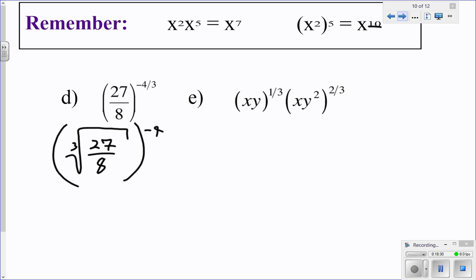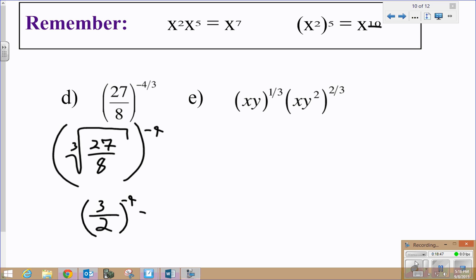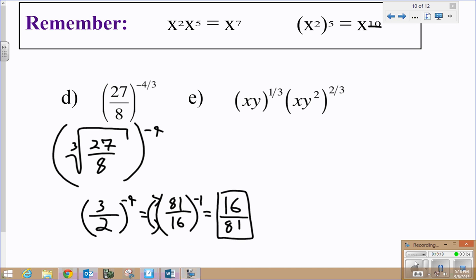So the cube root of 27 is going to be 3, and the cube root of 8 is 2. This is all to the -4th power. So taking the 4th power of all these, I get 3 times 3 is 9, 9 times 9 is 81, 2 times 2 is 4, 4 times 4 is 16. This is still to the -1 power, so I reciprocate it, and I get 16 over 81, flipping our terms there. So that's simplified.